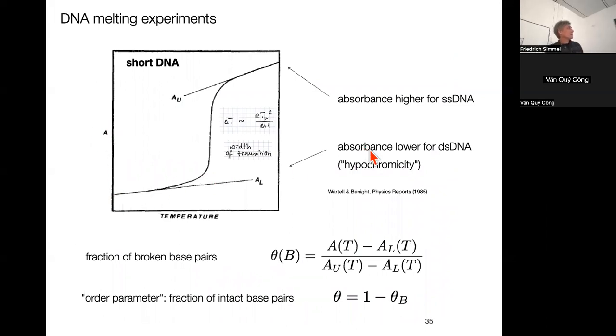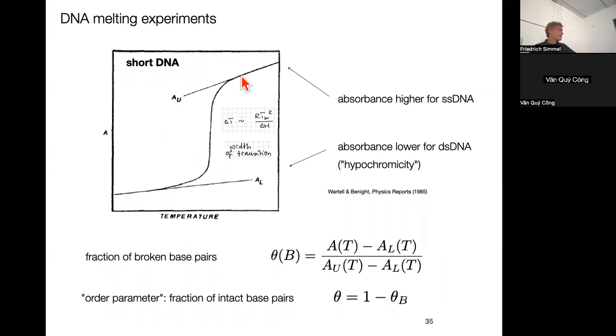And there is an effect that is called hypochromicity that leads to a higher absorbance for single-stranded DNA than for double-stranded DNA. Therefore, when your duplex falls apart, suddenly the absorbance will increase and you will have 2 separate strands.